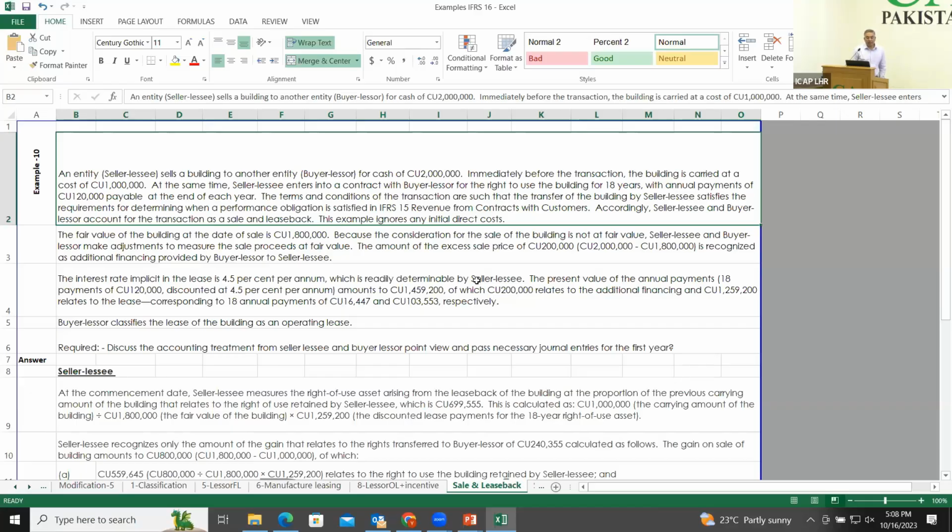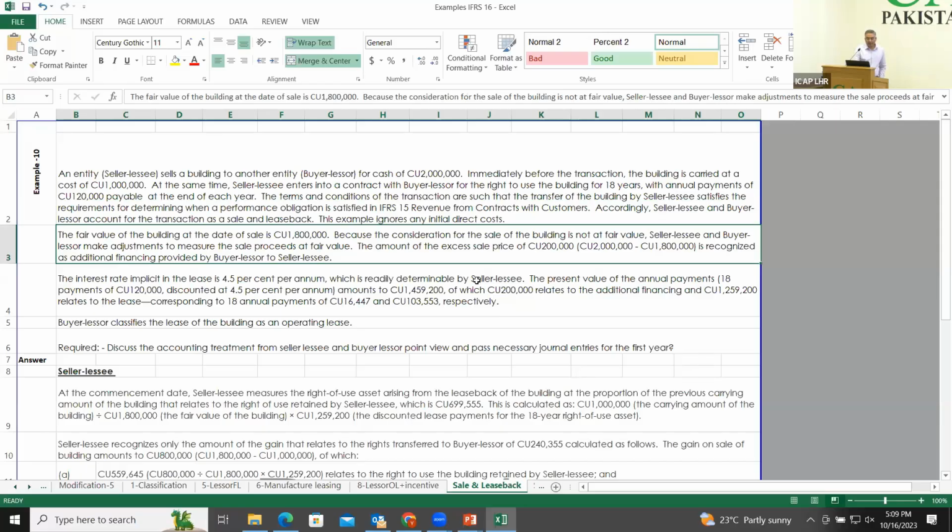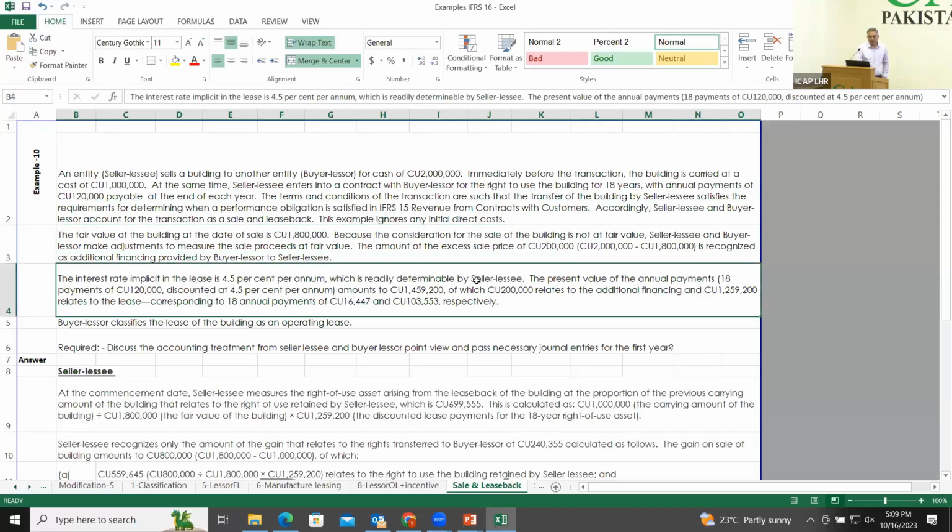The fair value of the building is 1.8 million. For how much have you sold? 2 million. So it means there is a 200,000 loan given by the buyer lessor to the seller lessee. Because the consideration for the sale of the building is not at fair value, the seller lessee and buyer lessor make adjustments to measure the sale proceeds at fair value. The amount of the excess price, 200,000, is basically a financing arrangement.